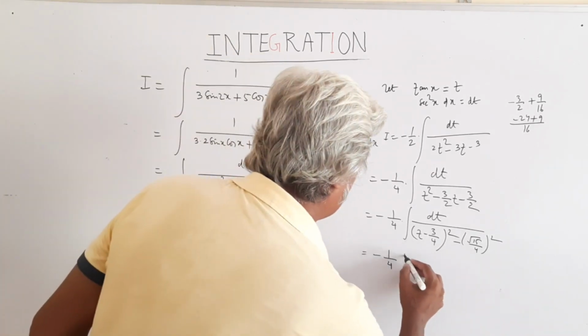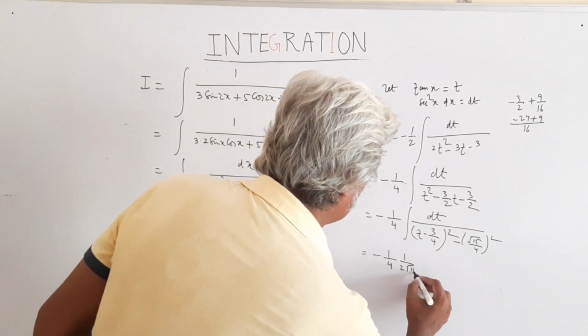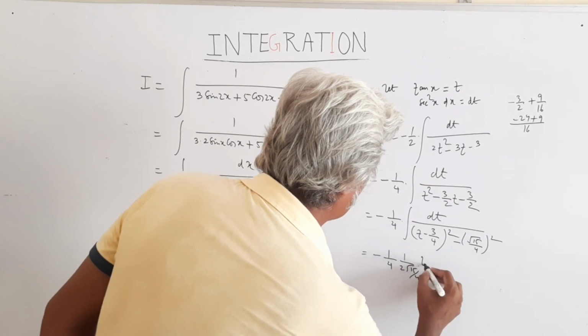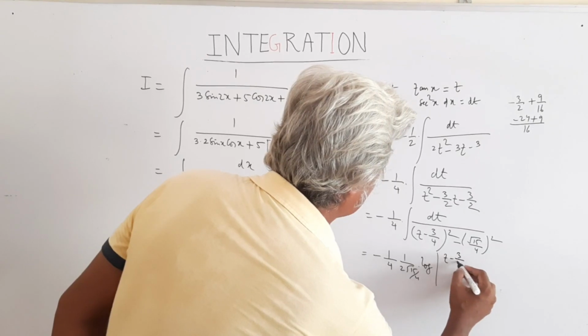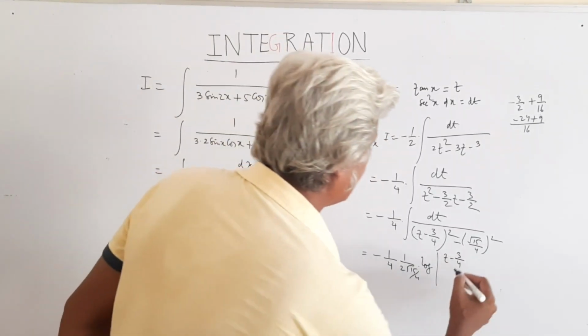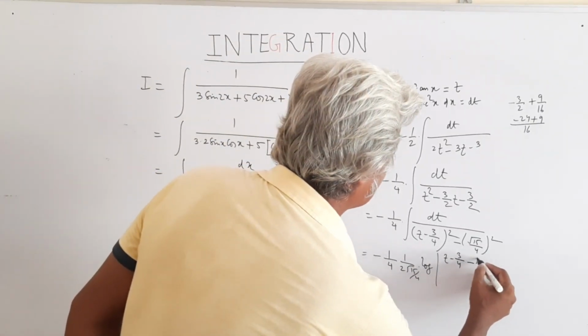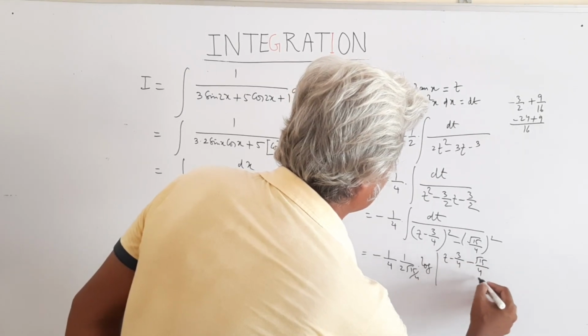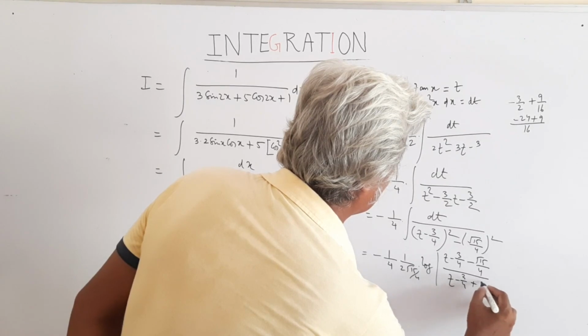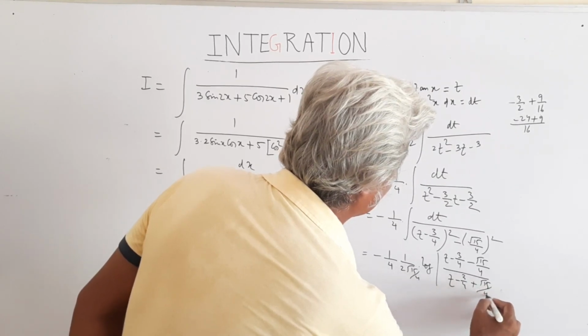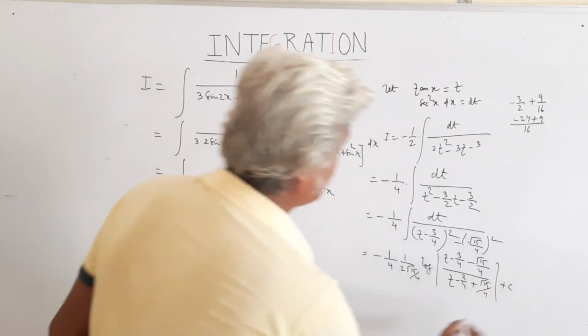So 1 over 2a, so 2 under root 15 by 4 log mod t minus 3 by 4 minus root 15 by 4 over t minus 3 by 4 plus root 15 by 4 plus c.